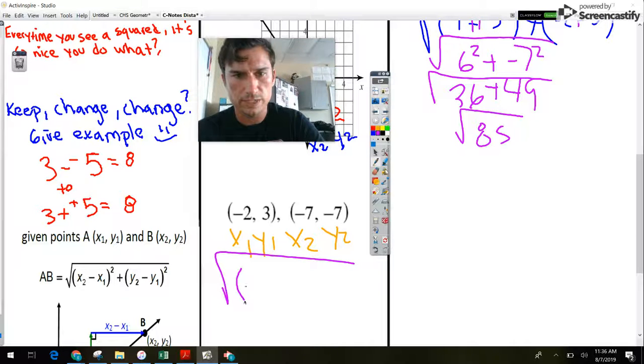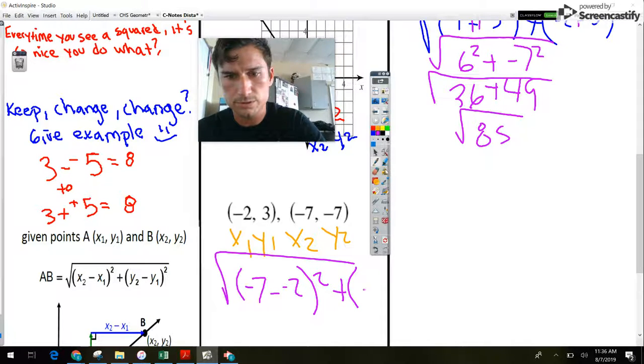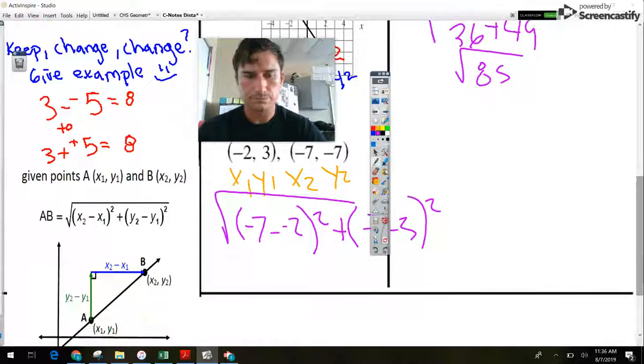So we have x2 minus x1 squared plus y2 minus y1 squared. So keep, let me give you a different color. Keep, change. So negative 7 plus 2. So it gives us negative 5 squared.